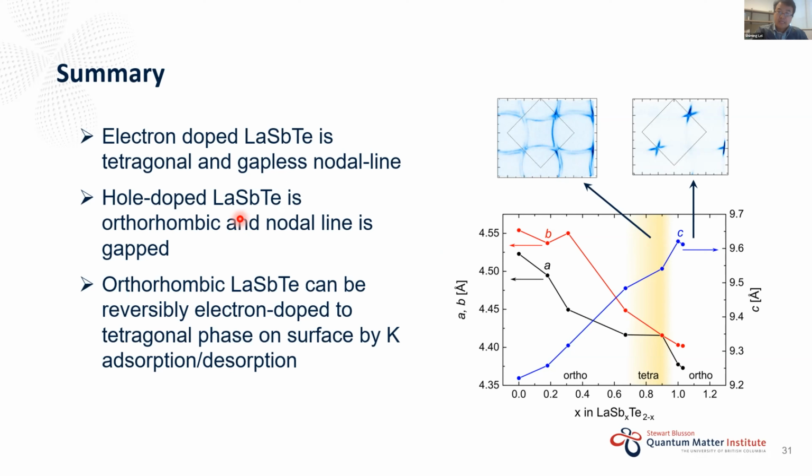orthorhombic phase. When we did the ARPES, one thing we noticed that caused some difficulties is a twinning effect. If you use polarized optical microscopy to check the crystal, you will find that there is a lot of twinning.